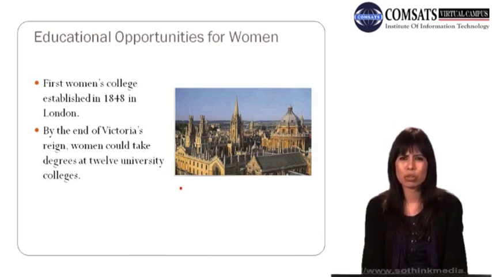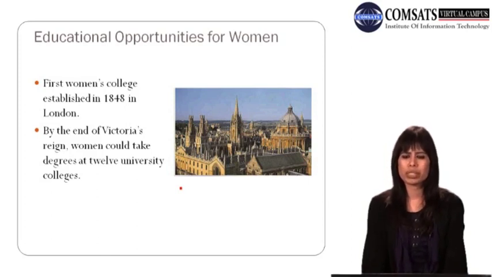The first women's college was established in 1848 in London, and then by the end of Victoria's reign, women could take degrees at 12 university colleges. So previously, women were nowhere. That's why we didn't have any women authors previously. The point of telling you about the women's universities is that we get many Victorian women writers in the Victorian age.